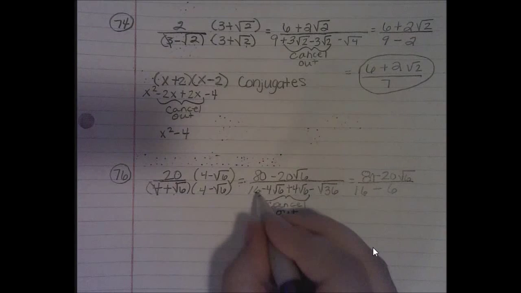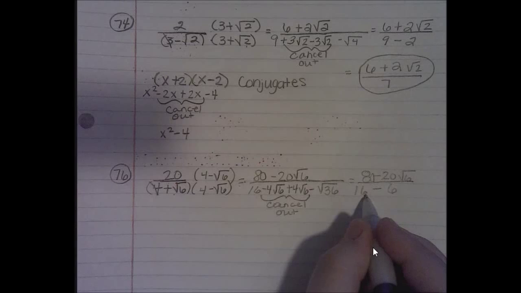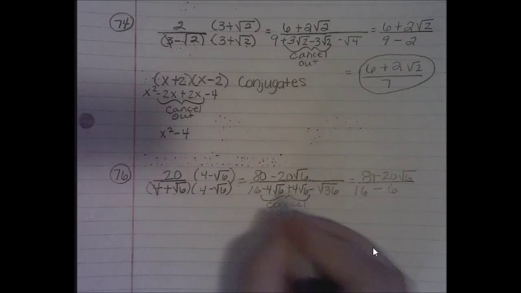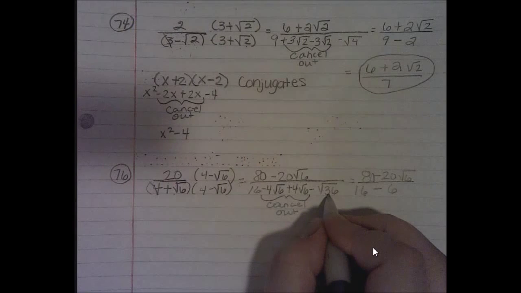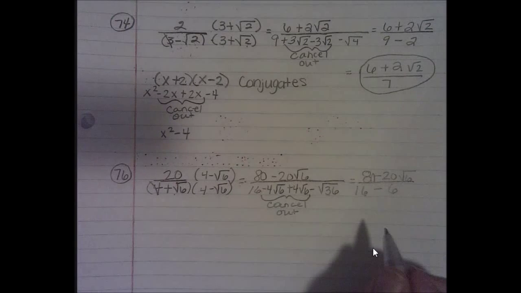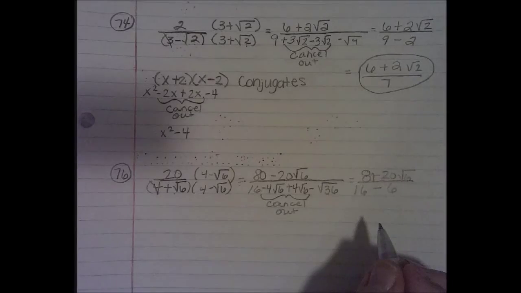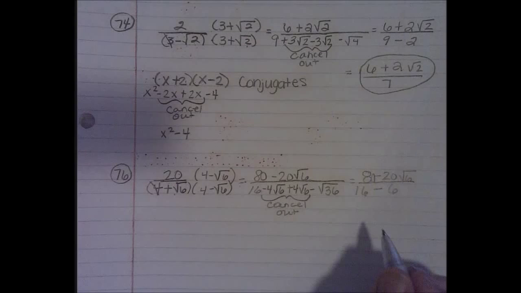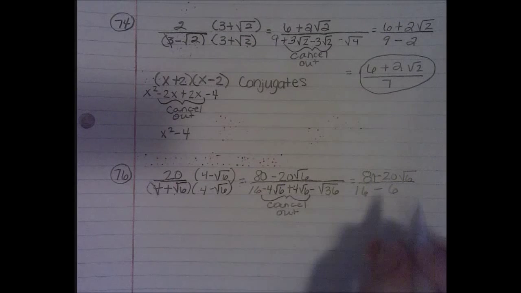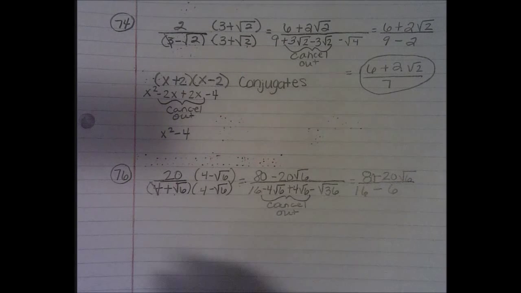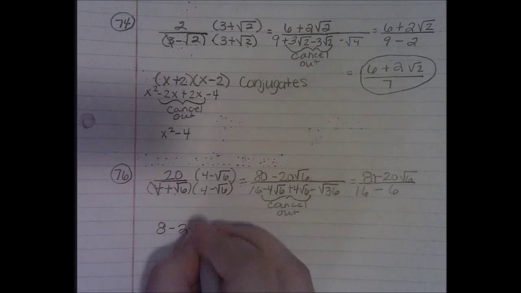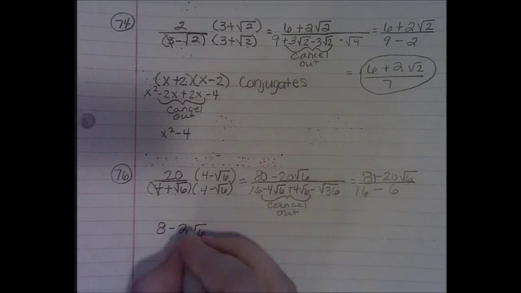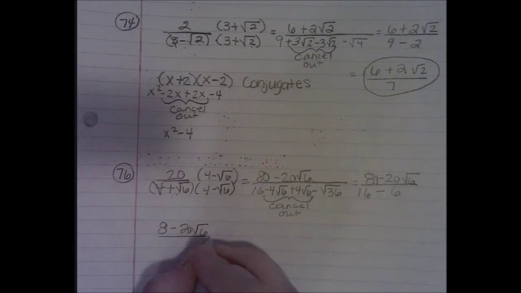I brought my 16 over here. My two middle terms canceled, and my square root of 36 breaks down just to be 6. Now I'm going to subtract 6 from 16. So I'm going to rewrite my 80 minus 20 square root of 6 over 10.